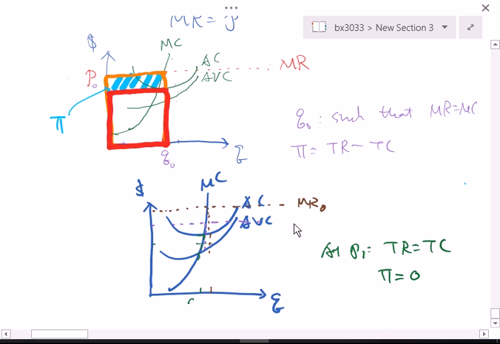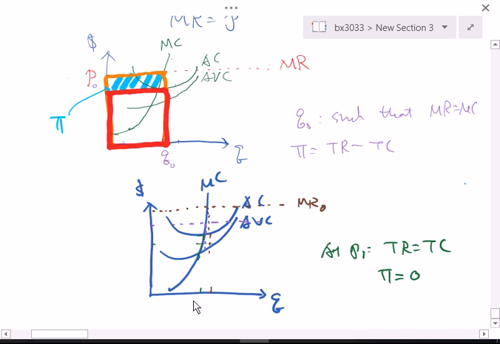If the firm is making a loss, negative profit, should the firm keep producing, or should the firm produce nothing? If the firm produces nothing, we call that the firm shuts down.